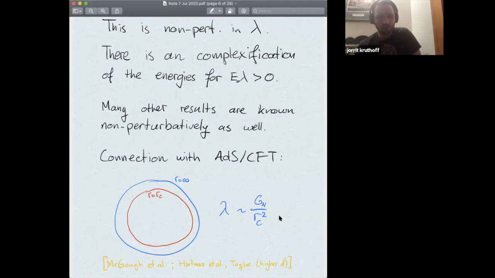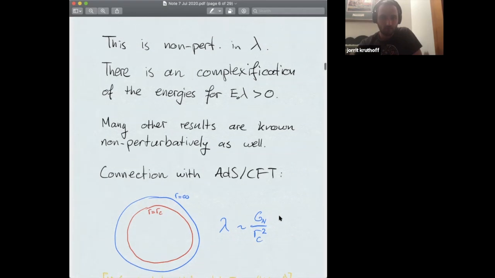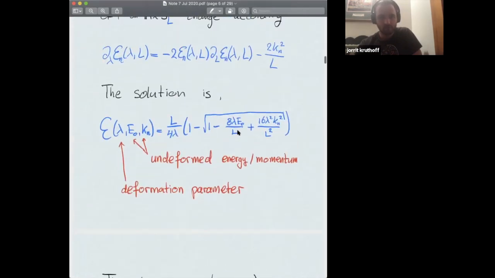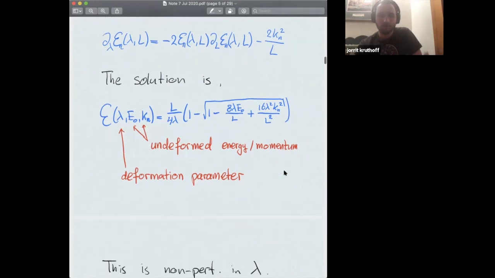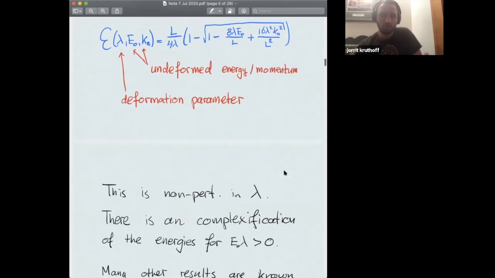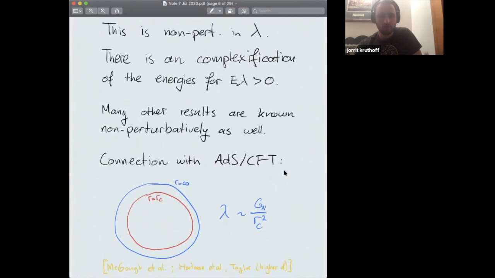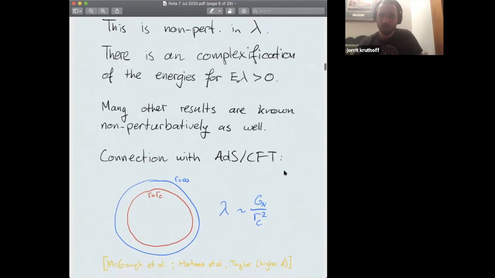And just to mention very briefly, there's also a connection with AdS/CFT, namely that for this particular sign of the coupling, so take lambda to be positive, this particular spectrum is also what you get when you compute the energy of a black hole in an AdS space that has been cut off at some radius.